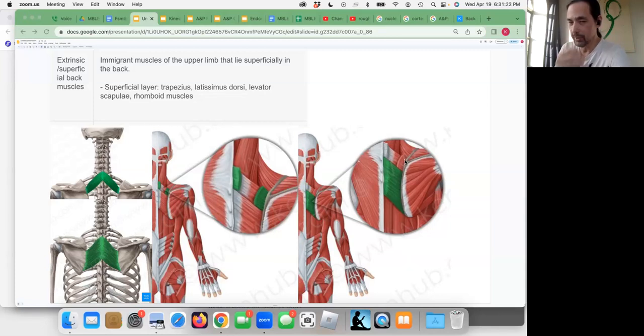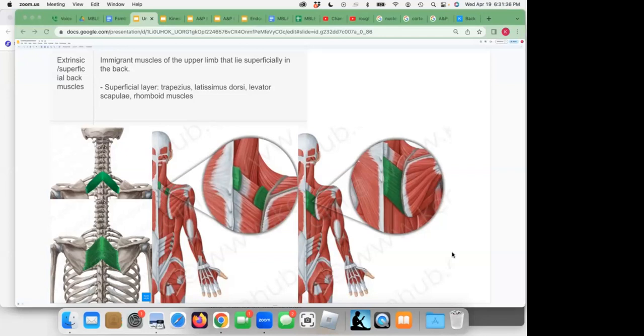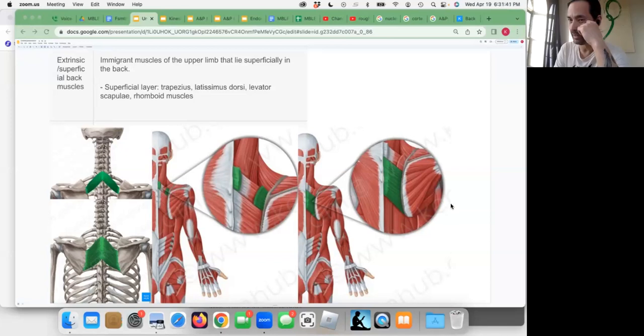So they would pull the scapula upward. Which one do you guys think is the more stable end? Would it be the spine or the scapula? The spine, that's right. And which one would be the more movable end? The scapula.